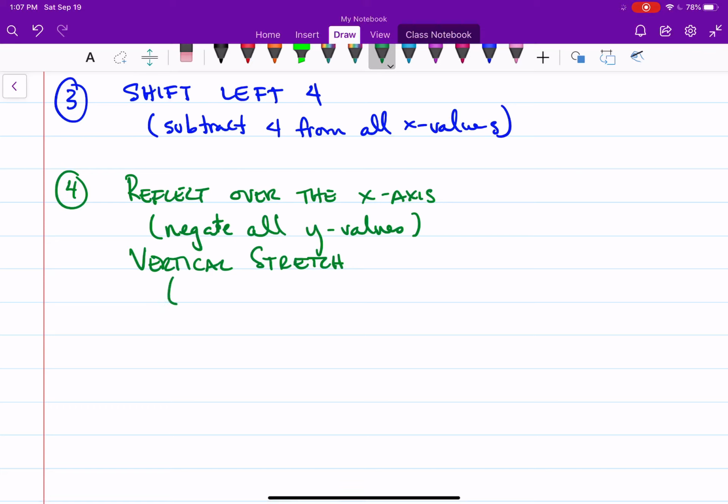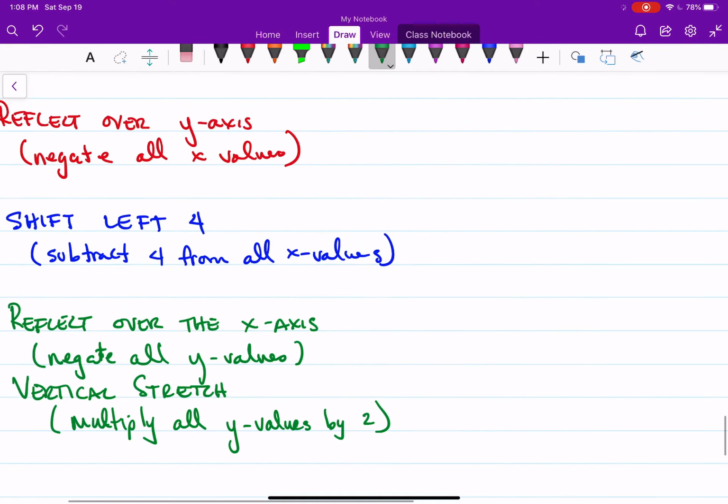So essentially all you're doing is multiplying all y values by 2. Okay, so that's what the -2 would do.